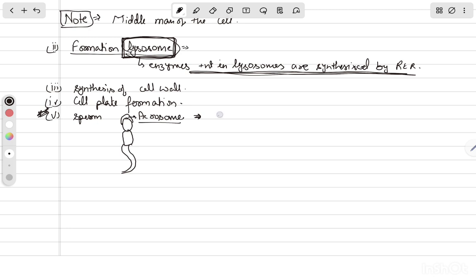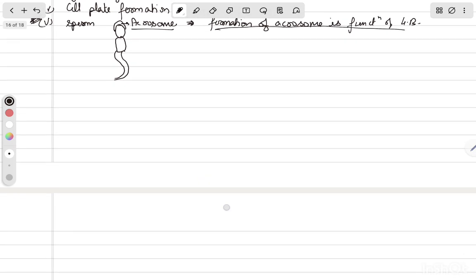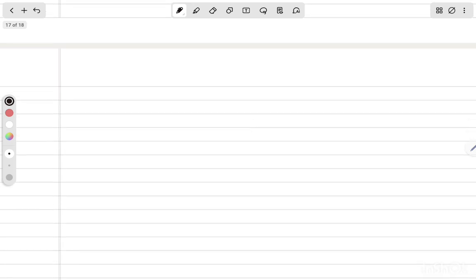So formation of acrosome is function of Golgi bodies, or we can say acrosome is nothing but modified Golgi apparatus. That is all about Golgi apparatus or Golgi body. Functions of Golgi body is packaging and modification of protein which is synthesized by rough endoplasmic reticulum. That is the most important function of Golgi apparatus.